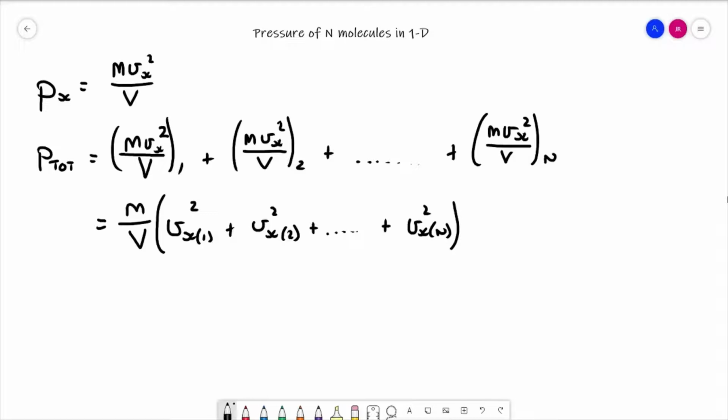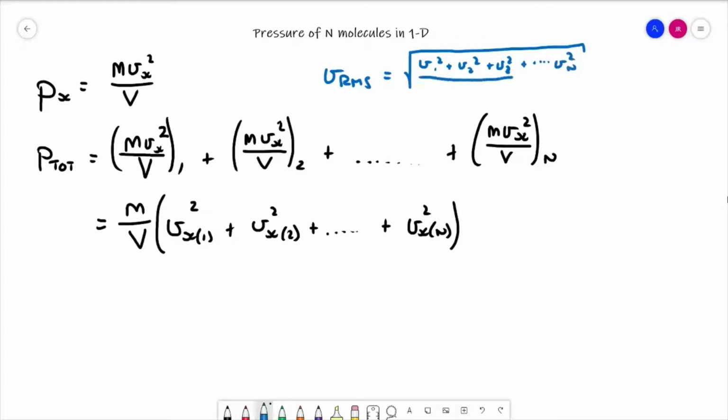Now, hopefully the bit inside the brackets looks familiar to you, and this is why I made the point of revising the RMS velocity at the start of the video. So remember that VRMS is equal to the root of V1 squared plus V2 squared plus V3 squared all the way up to Vn squared, over n.